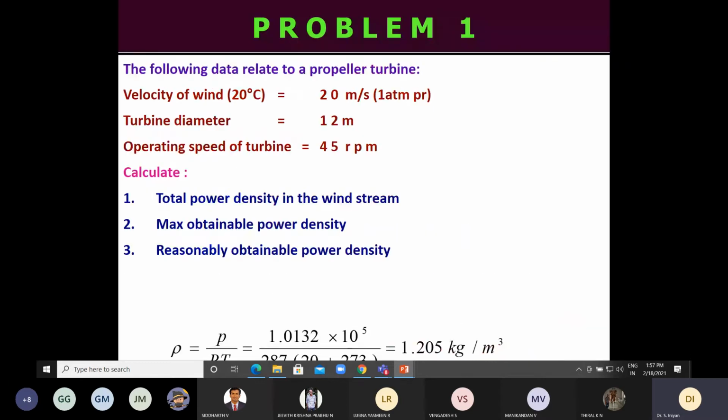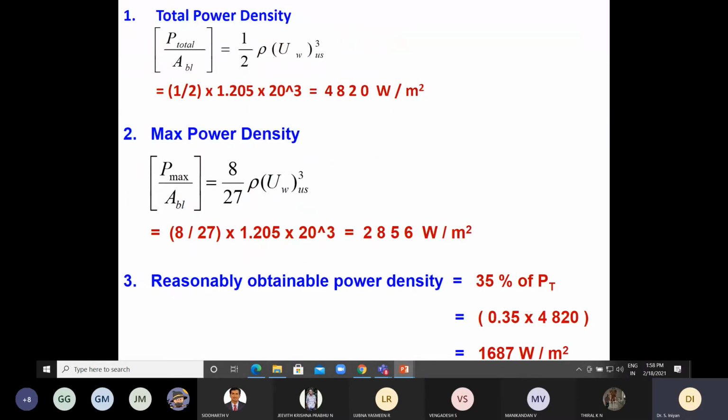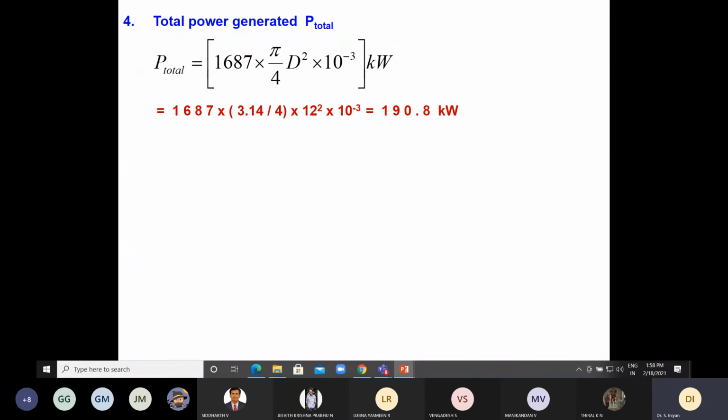Find out the total power density, the maximum power density and what is the reasonable power density to be obtained. So calculate these three and tell me the values. And at last you can also find out the total power generated, P total itself you are going to find.